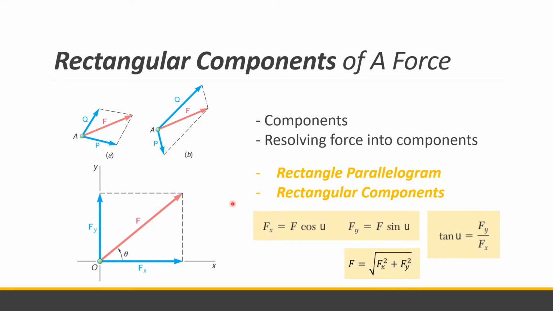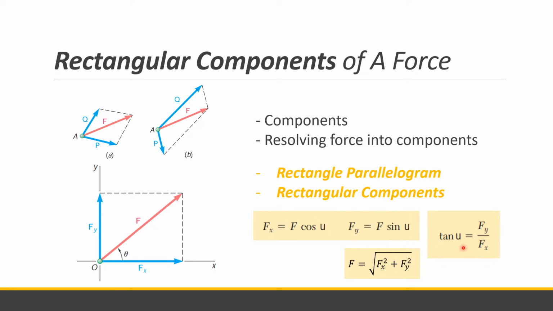Okay, so using the trigonometric functions, familiar kayo sa SOHCAHTOA, no? Fx is F cosine yung angle natin, and Fy is F sine yung angle natin, which is the opposite to the angle.